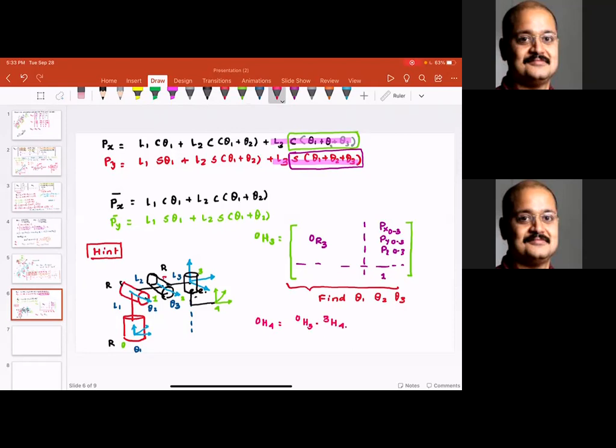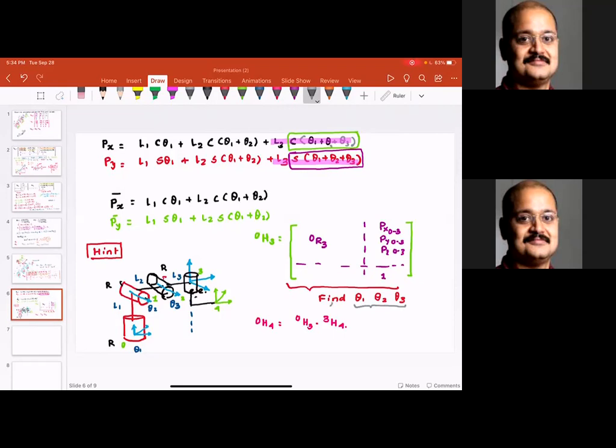Do you agree with me? In this, I know the values of theta 1, theta 2 and theta 3.